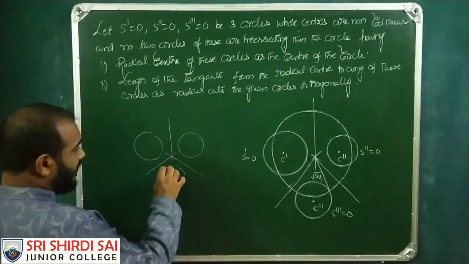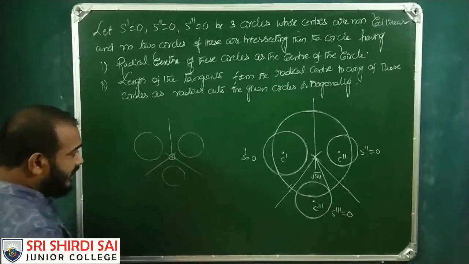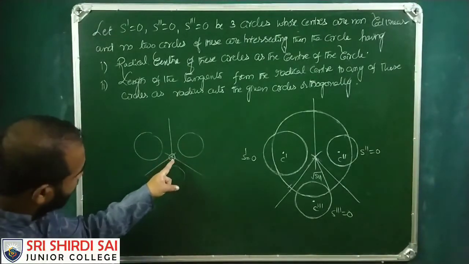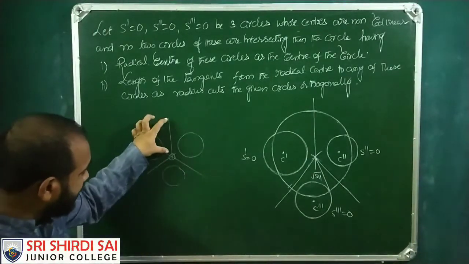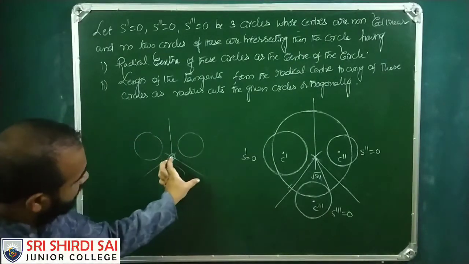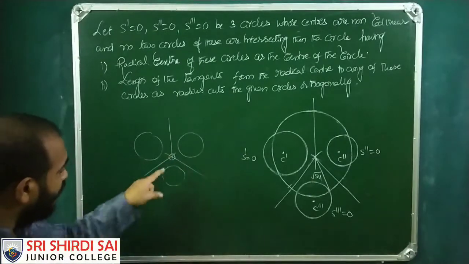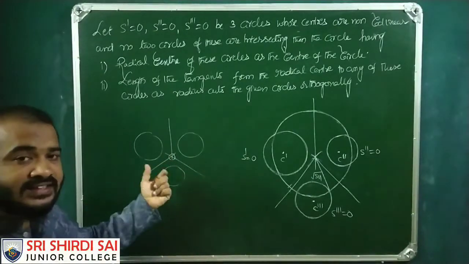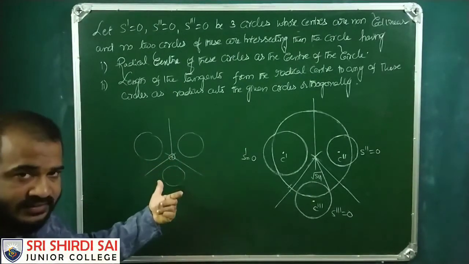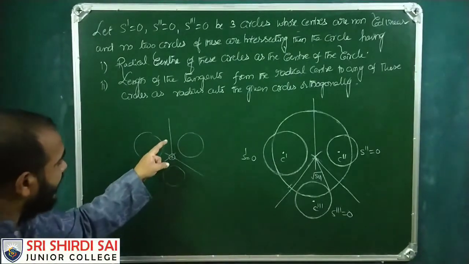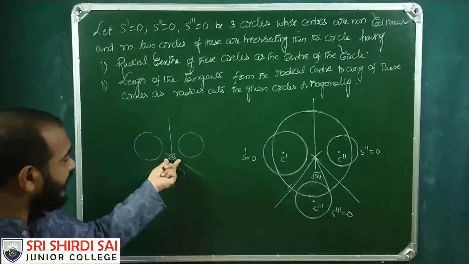So here this is the point formed by these three radical axes. Therefore this point is said to be the radical center. The point of concurrence of the radical axes is nothing but the radical center.